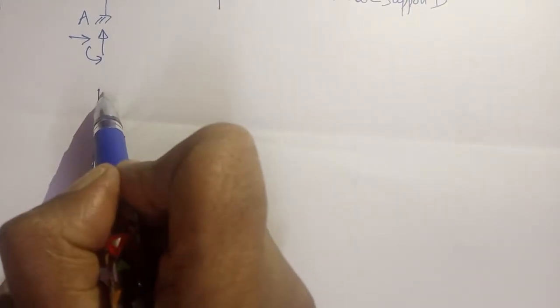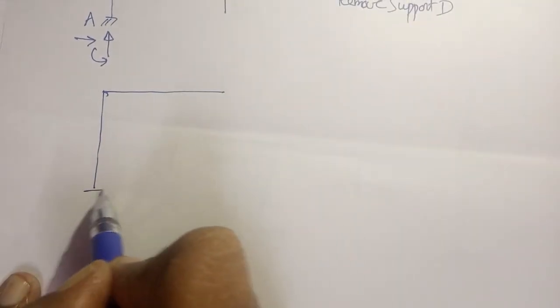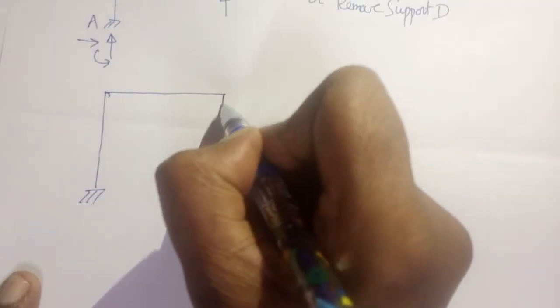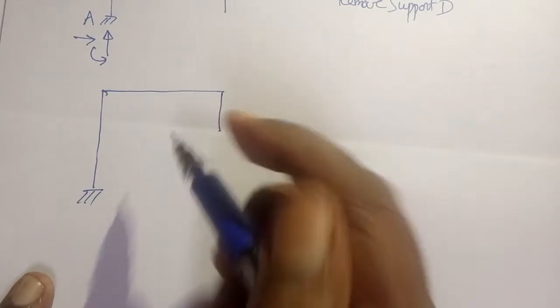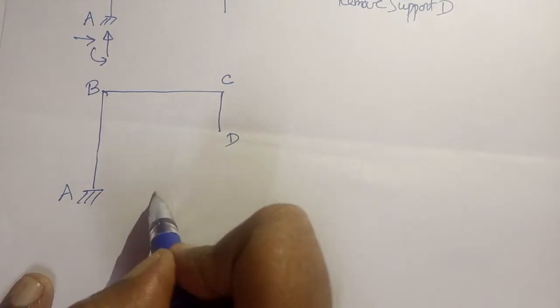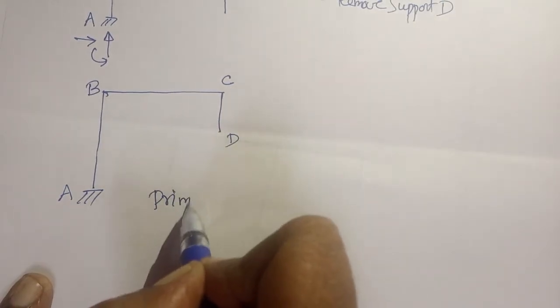I am going to draw the primary structure. This is the primary structure after removing the roller at D. So this is D, C, B, A, the primary structure.